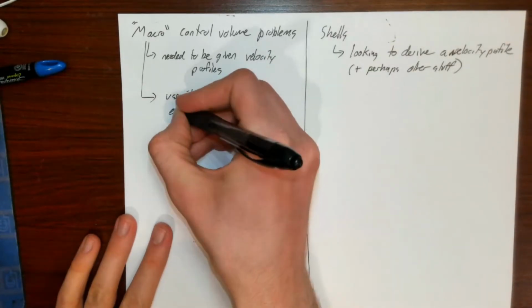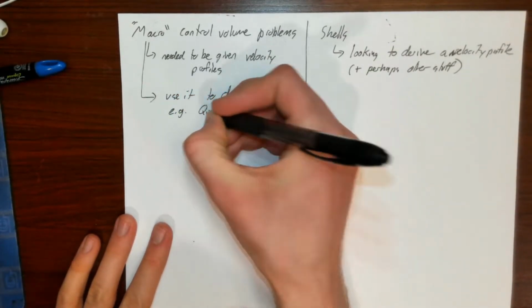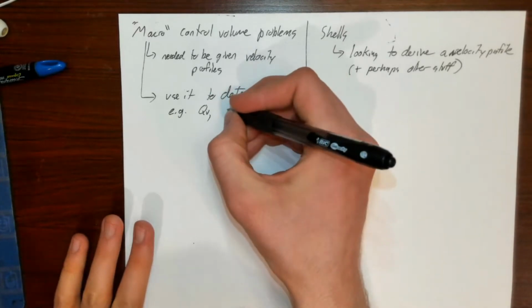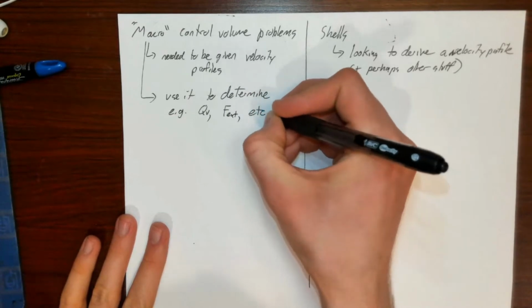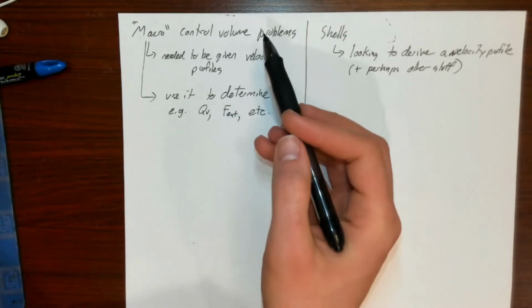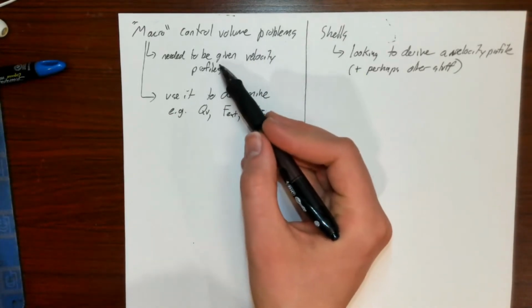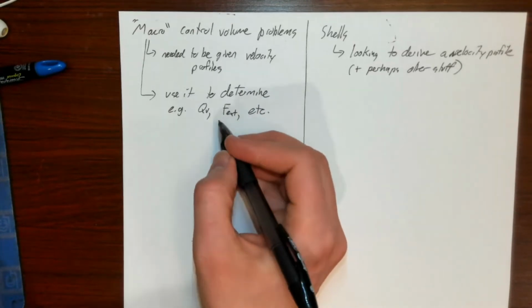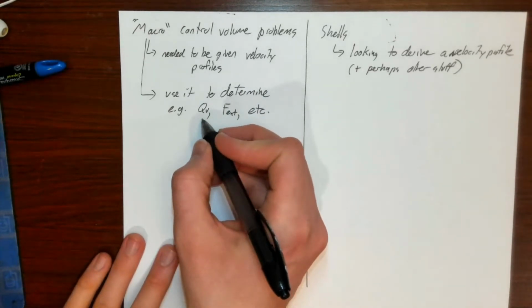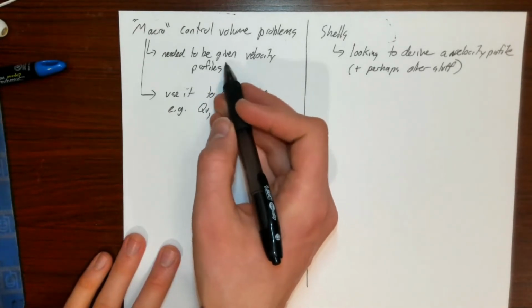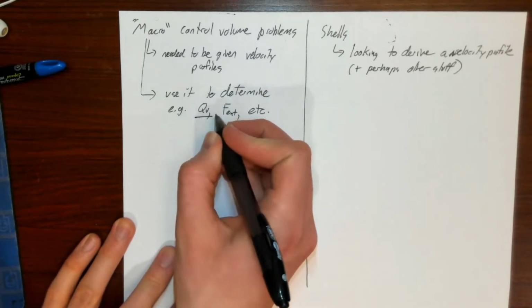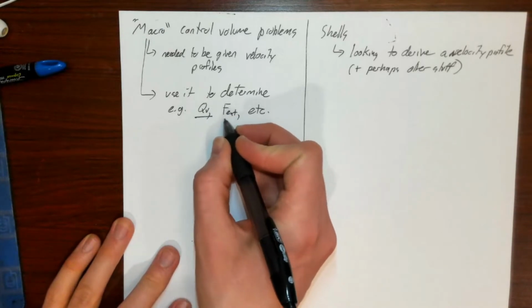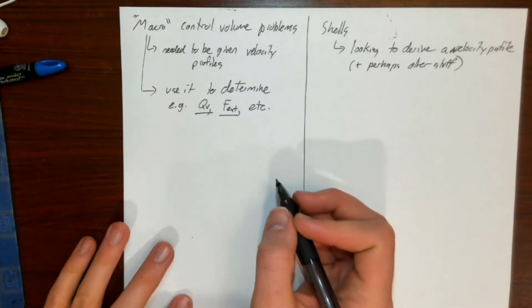For example, volumetric flow rates, external forces, etc. So if we were given a velocity profile, we were able to make connections between details of this velocity profile and macroscopic quantities, whole system level properties like the volumetric flow rate or forces on the entire system.